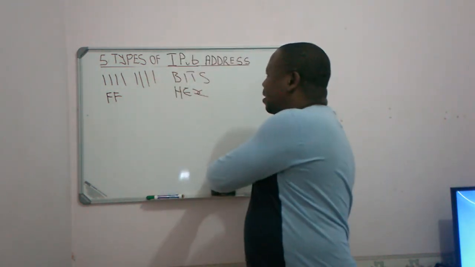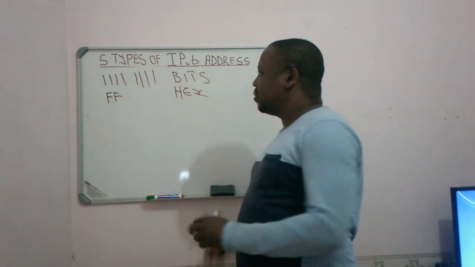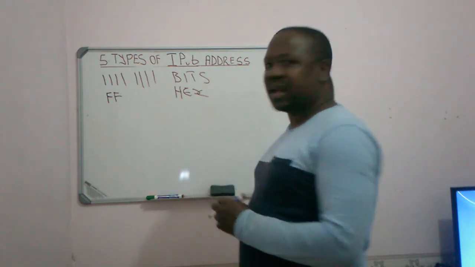And then, last but not least, we have our link local address, and in our link local address, the first 10 bits are always the same.